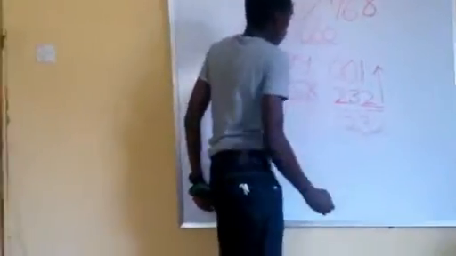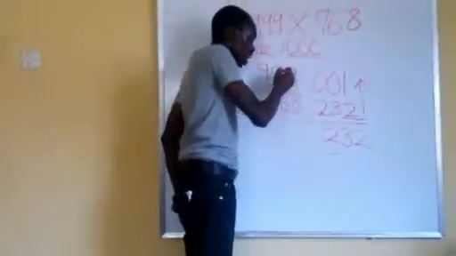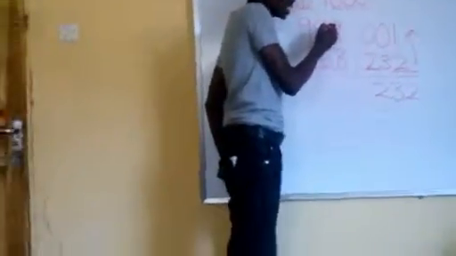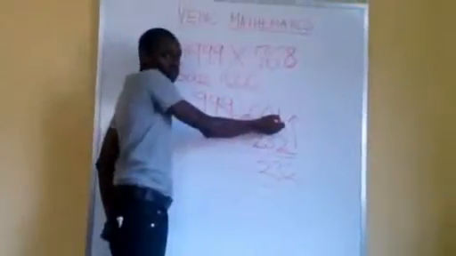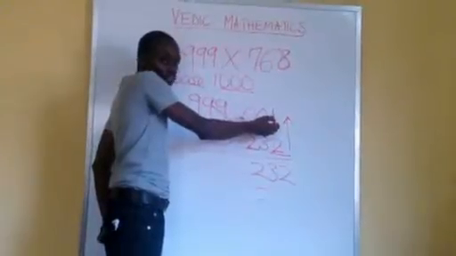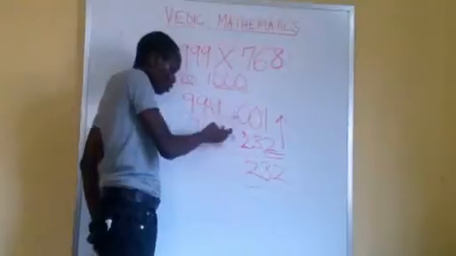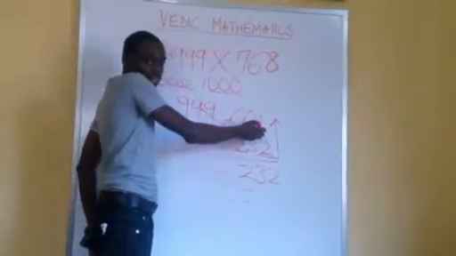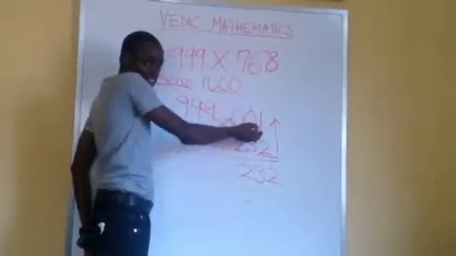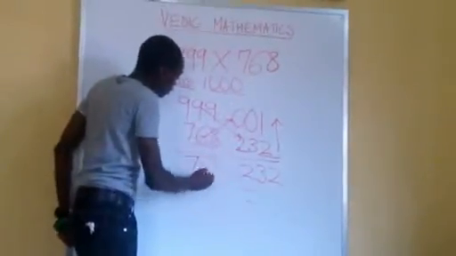Okay. Now, next step is either we use 999 and subtract 232, or 768 and subtract 1. Both of them are going to give us the same answer. But the one that will be faster is if we use 768 to subtract 1. So 768 minus 1 is 767.